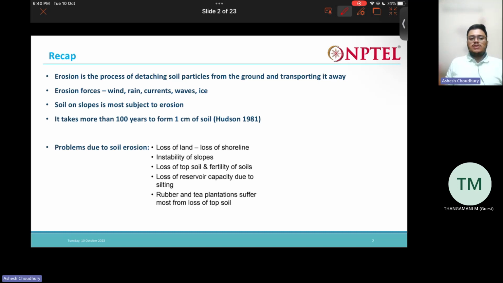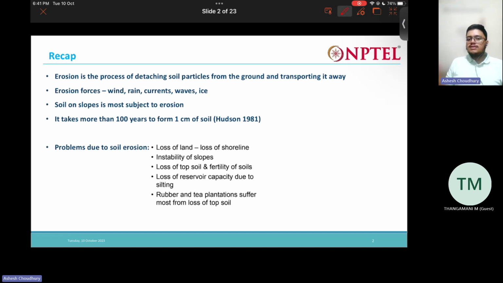Generally, what are the susceptible places? Slopes are frequented with erosion. Rain triggers erosion, and after that slope failure can also occur. Then we have wind. If there are high cyclonic winds, they can transport a huge amount of soil from one portion to another.